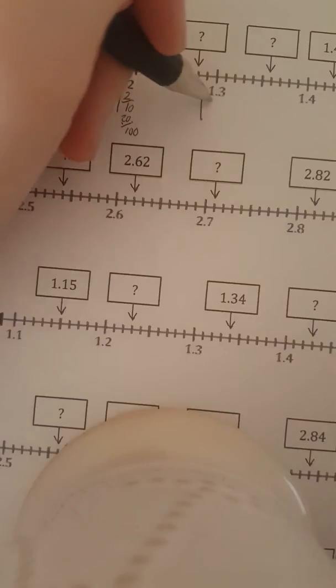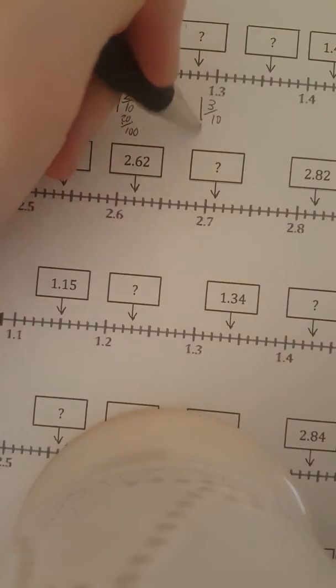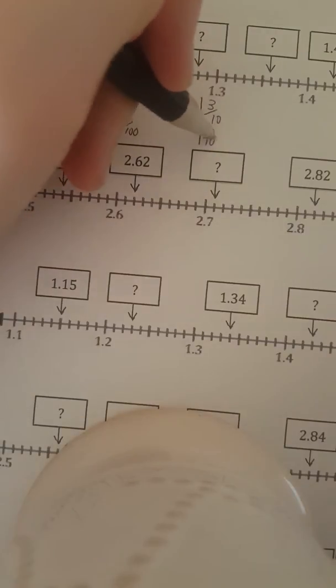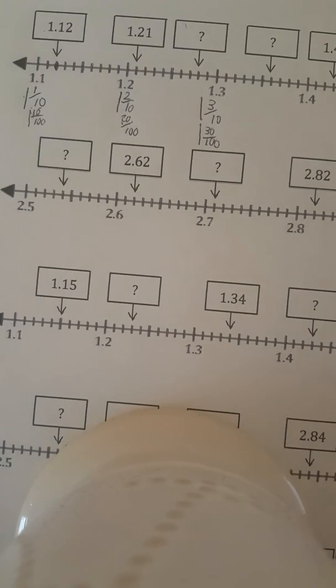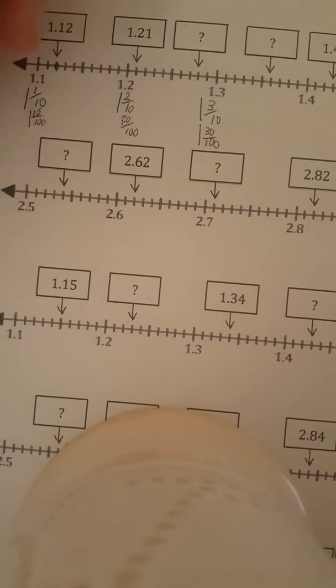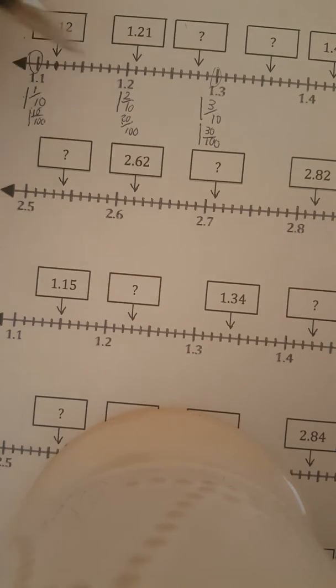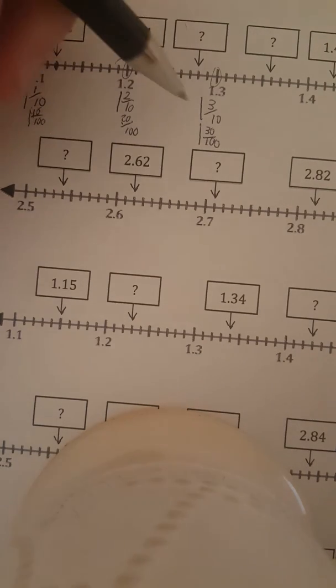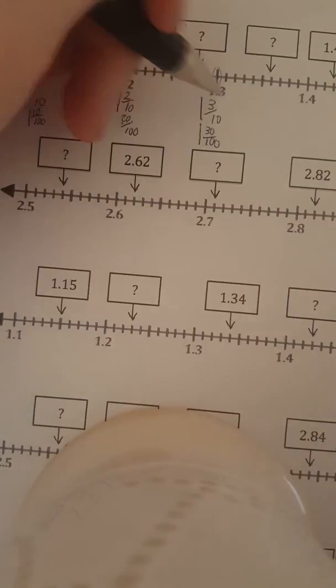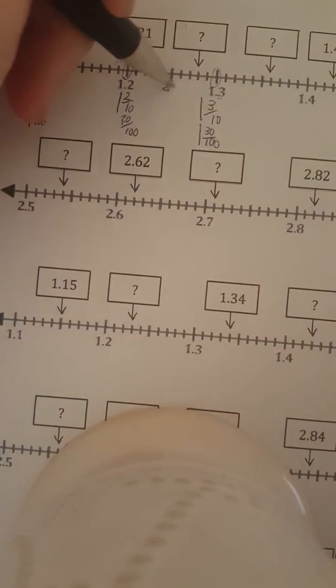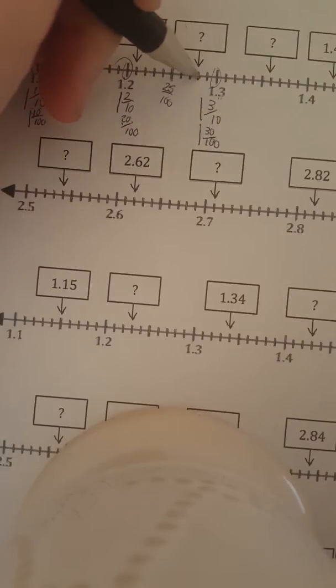So here I've got this spot here that I need to find the number for. Here I've got 1 and 3/10, which I know is actually the same thing as 1 and 30 hundredths. So if this is 30, because I'm looking at hundredths, since they're on these little lines instead of my main 10th lines, I'm going to just start here at my 5. Because I know if this was 20, this is 30, this here is going to be 25 out of 100. So this would be 26, 27, 28.